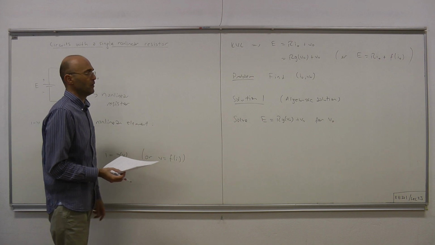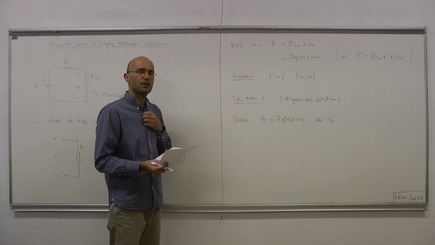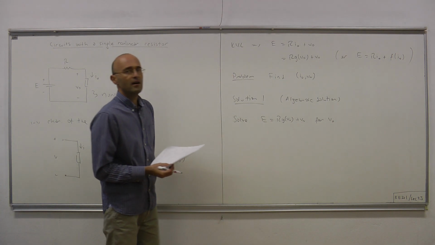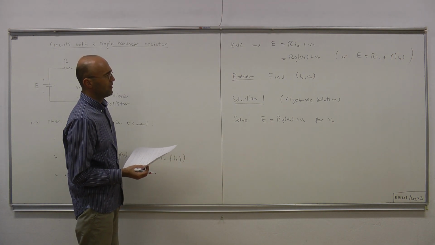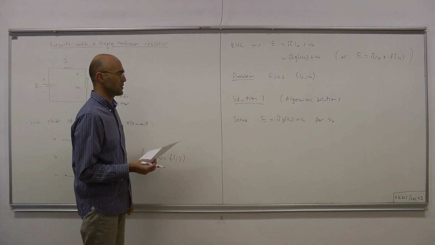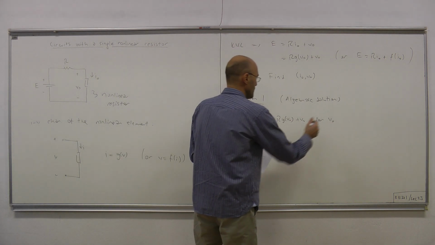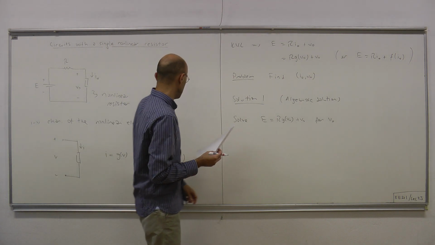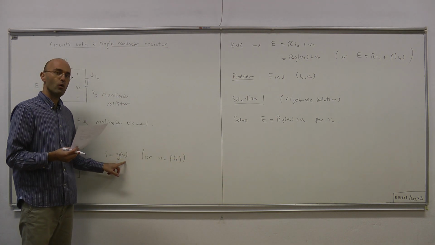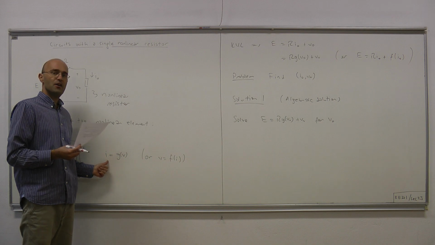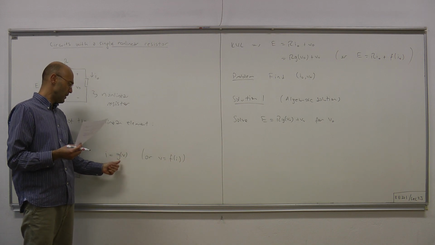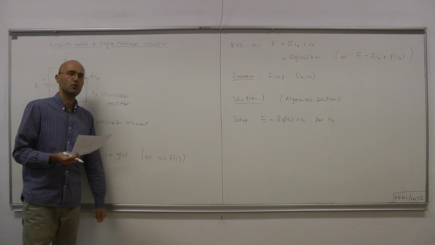Therefore, there's only one unknown, V0, the voltage of the nonlinear resistor. We can attempt to solve that equation, which has just a single unknown. Once V0 is found, we plug it in, and G of V0 gives you I0.